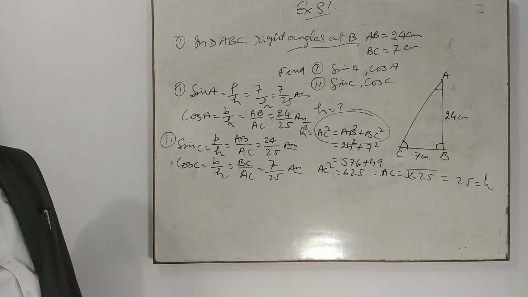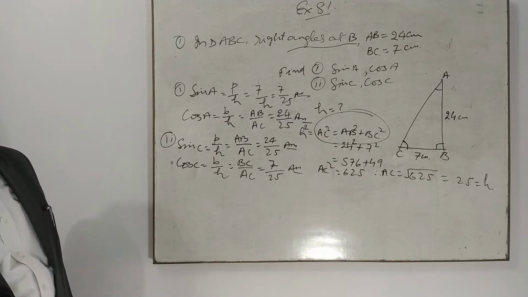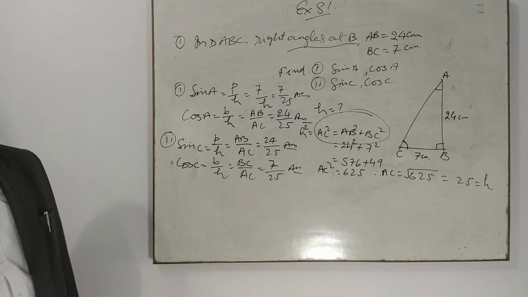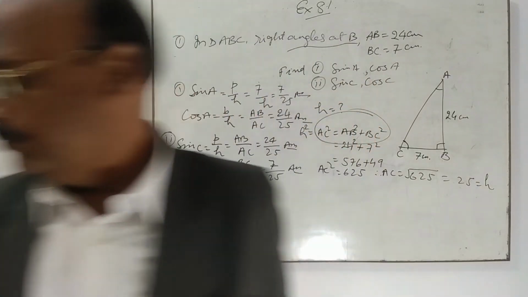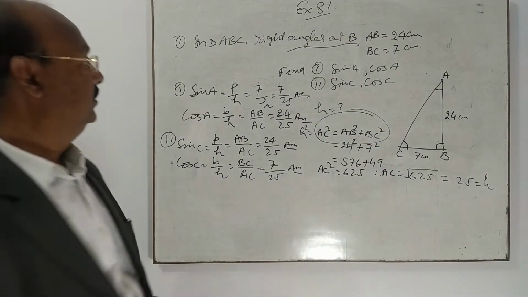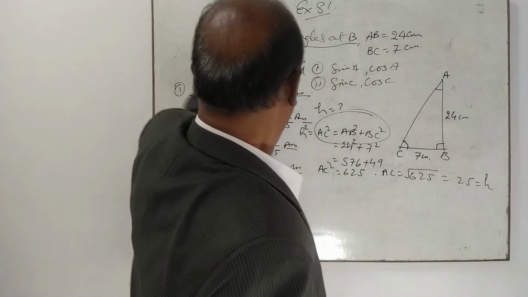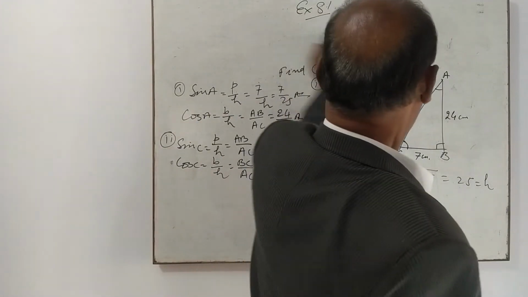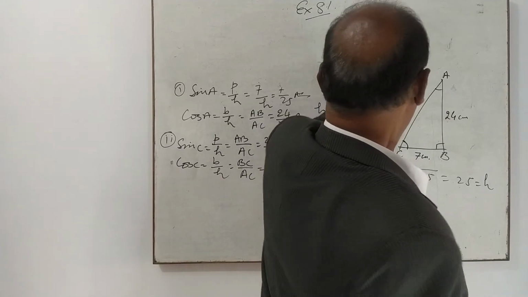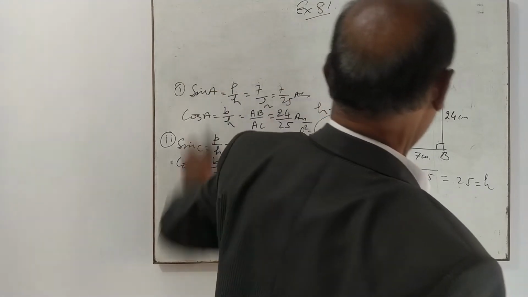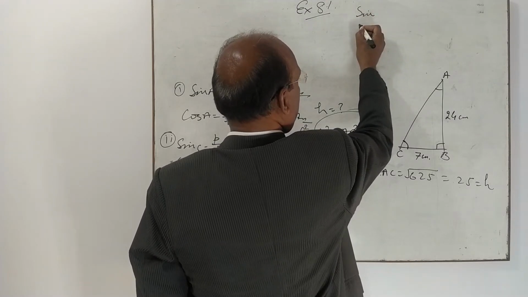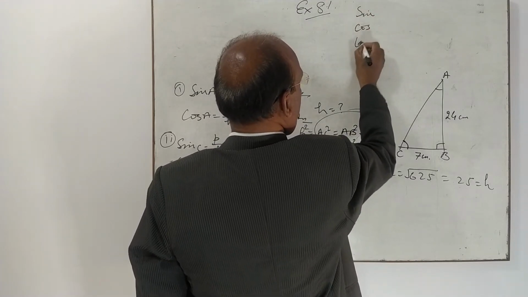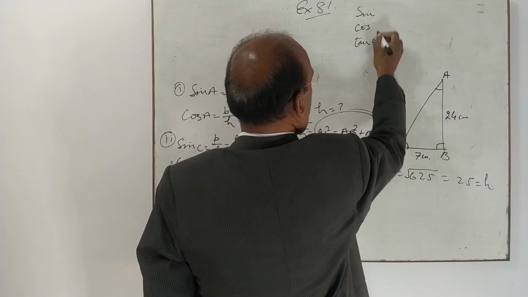You just have to remember the trigonometrical ratios. For your convenience, I am going to repeat these trigonometrical ratios we have just discussed in tabular form. You know sine, cos, tan.